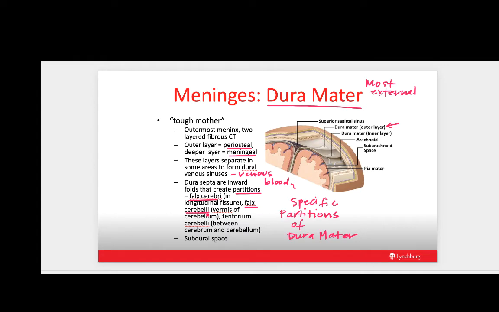And then the third one is going to be the tentorium cerebelli, and that's located between the cerebrum and cerebellum in that transverse cerebral fissure. So certainly knowing all 3 of these partitions and where they're located would be very important.